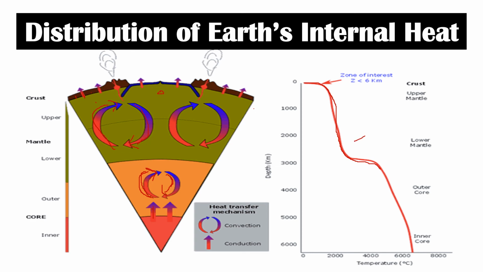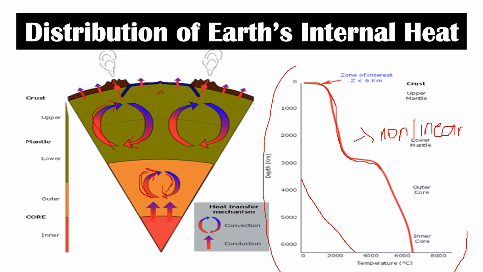So we call this as non-linear. Kasi kapag linear, we can say na diretso, as you go deeper, the temperature increases directly proportionate. So, this is what you call the geothermal gradient.